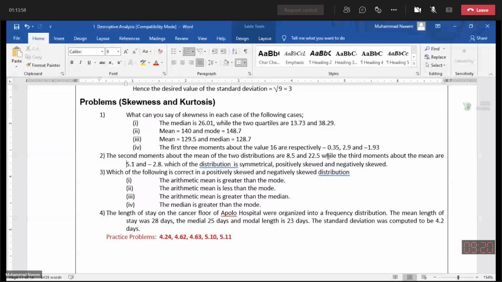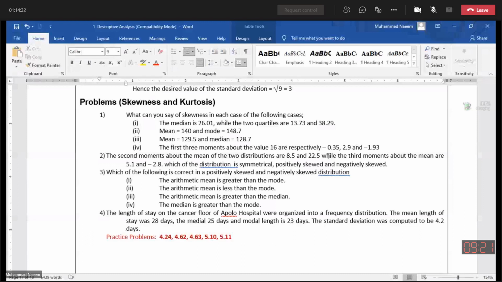Easily we can decide about the skewness. Similarly, try this exercise just on the basis of mean and mode. Mean is greater than mode. Mean is on the right hand side of the mode, which is against the highest peak. Similarly, check others.